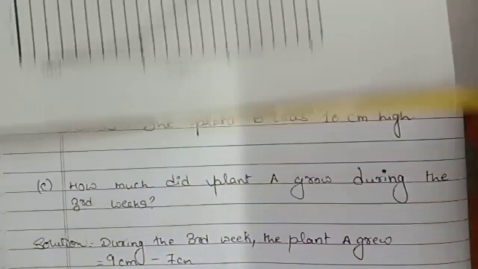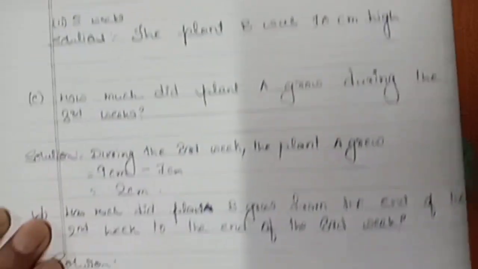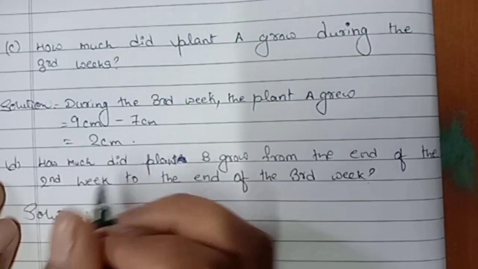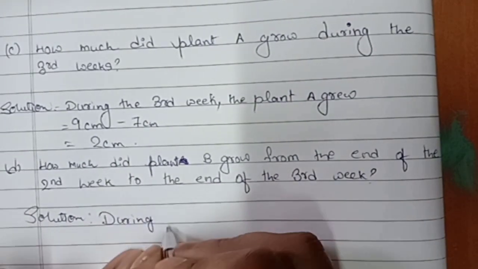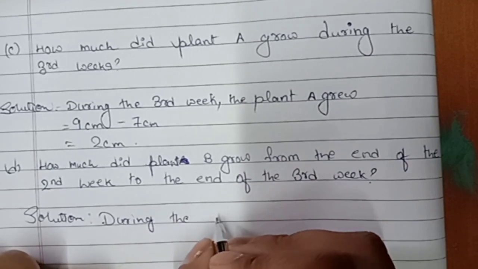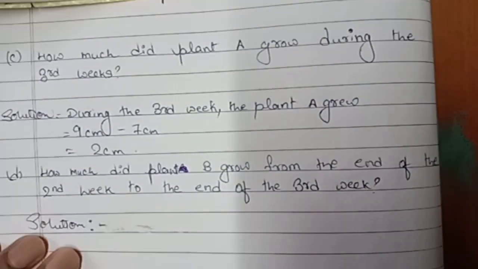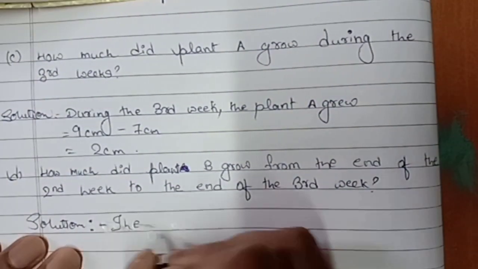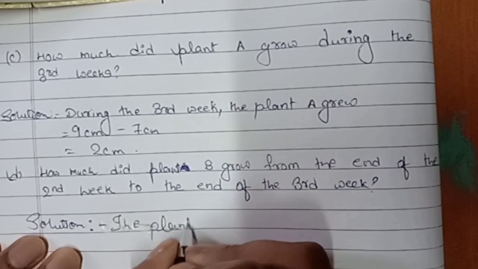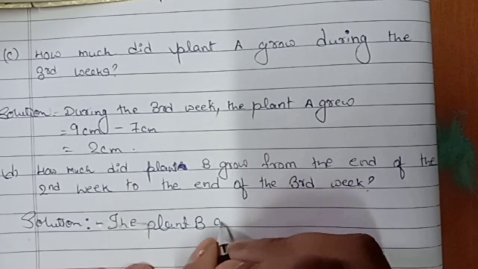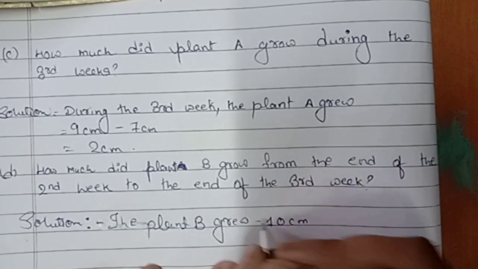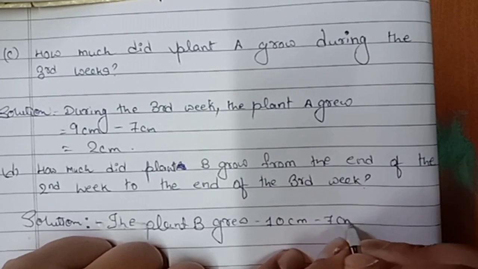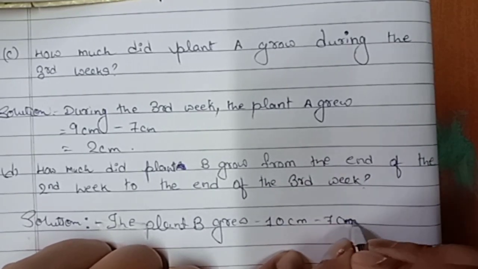So solution, the plant B grew from 7 centimeter to 10 centimeter from second week to third week.